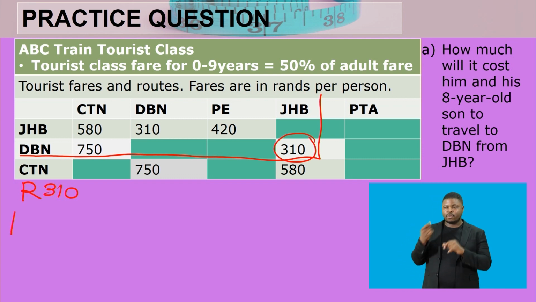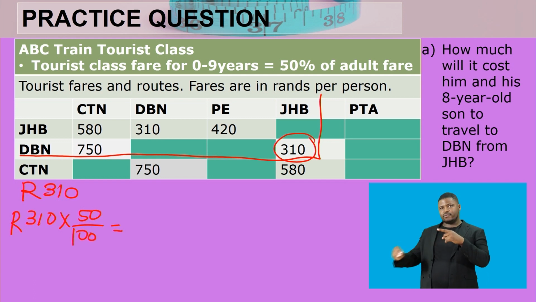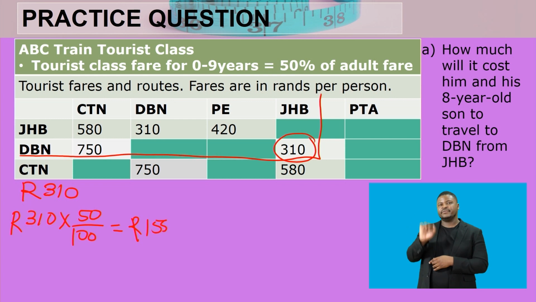So to calculate Mr. Moy's son's travel fare, it will be 310 multiplied by 50 over 100. Let's punch it on our calculator. 310 multiplied by 50 divided by 100 gives us 155 rand. But he wants to know how much it will cost for both of them, so we need to find the total.